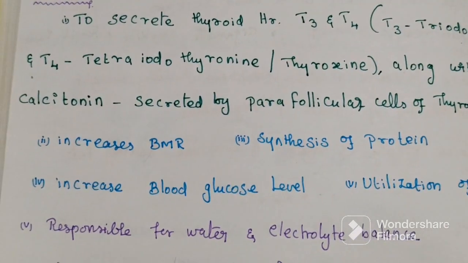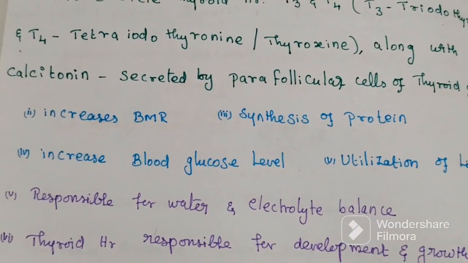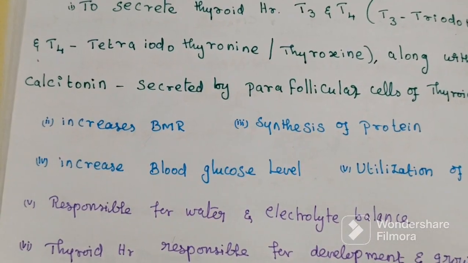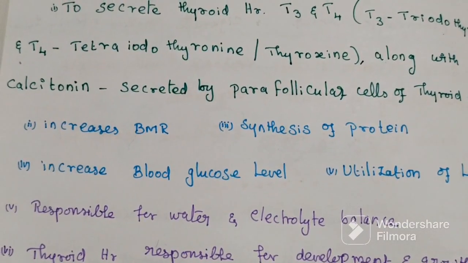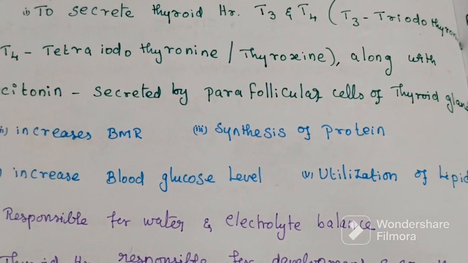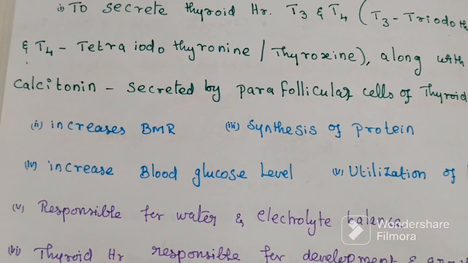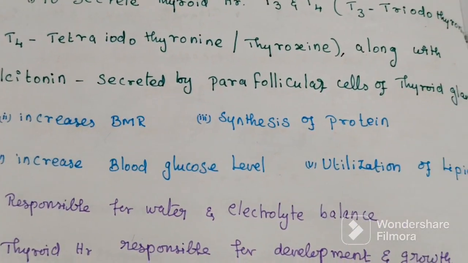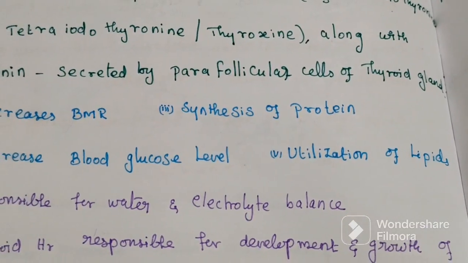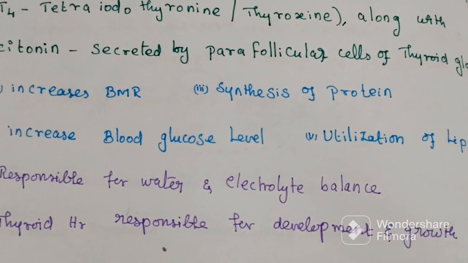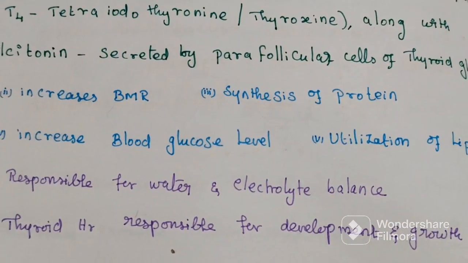Apart from hormone production, it has a number of functions in our body. It increases BMR. It helps in the synthesis of protein. It causes an increase in blood glucose level. It causes utilization of lipids. It is responsible for water and electrolyte balance in our body.